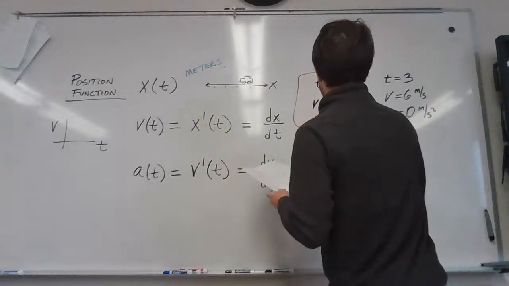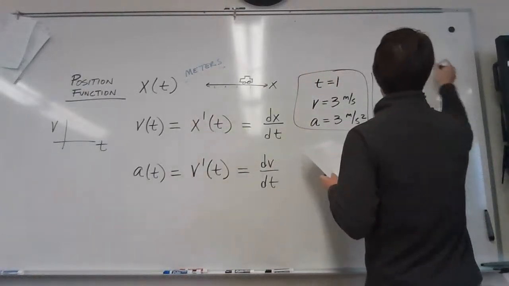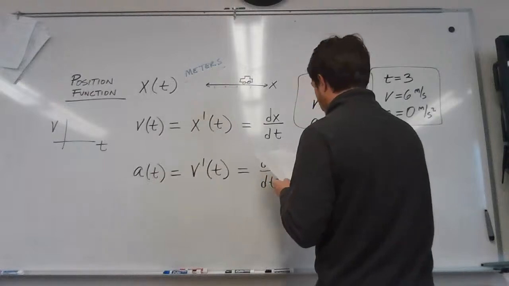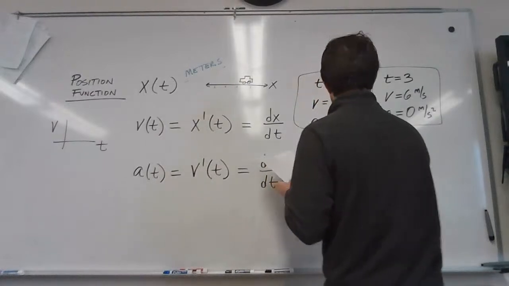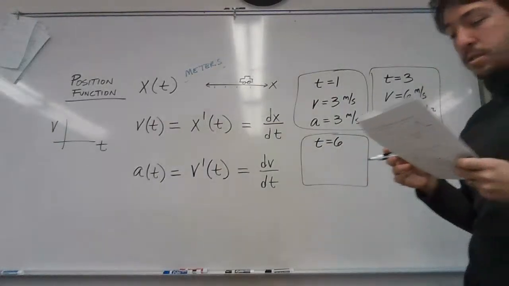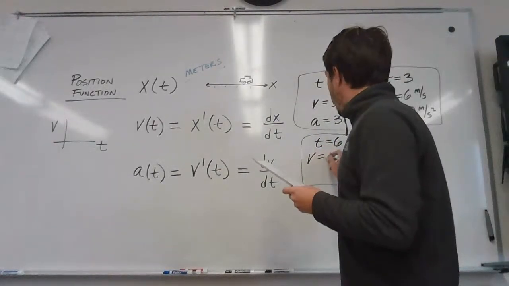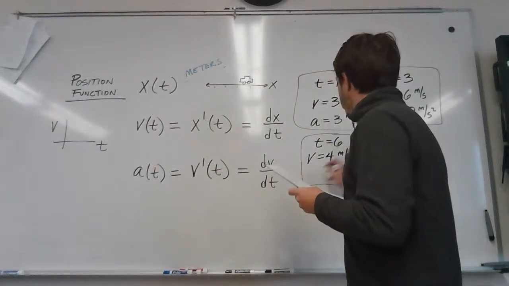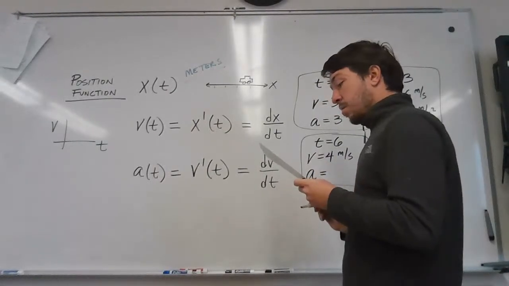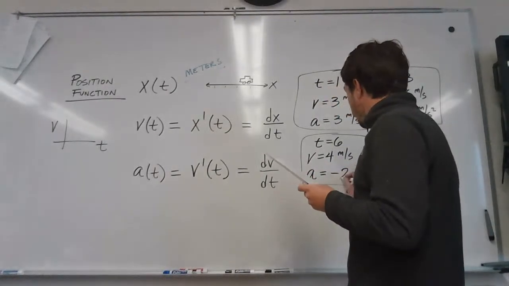Okay, so there's part A, there's part B. Part C would be, how about at time 6? What's the velocity at time 6? 4. How about the acceleration? Negative 2.